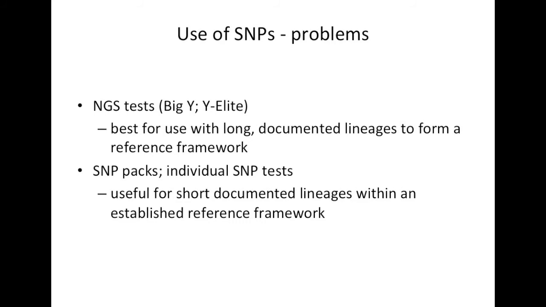The best use at present is with long documented lineages, such as those that I've been talking about today that we used with the Battle of Bannockburn project. And in this case, the results can be used to form a reference sequence, a reference framework within which undocumented lines can be fitted.